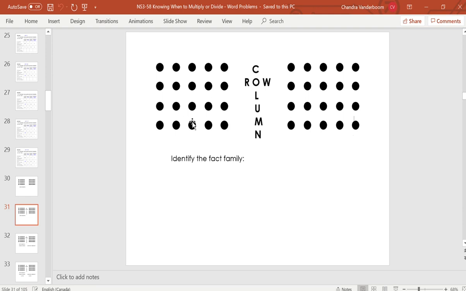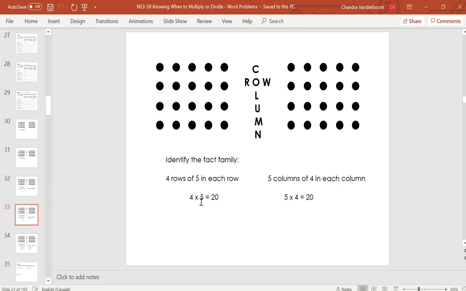So you notice we had the same numbers, 4 rows of 5 or 5 columns of 4. So we can do our multiplication sentences. 4 rows of 5 in each row, or 5 columns with 4 in each column. And we can write those like this. 4 times 5 equals 20, and 5 times 4 equals 20.